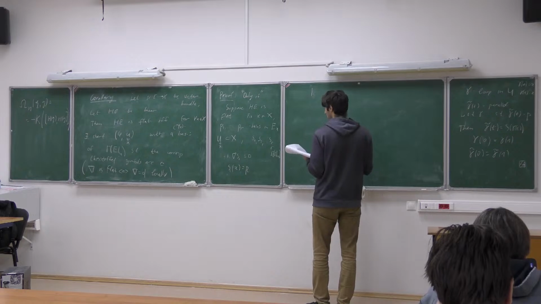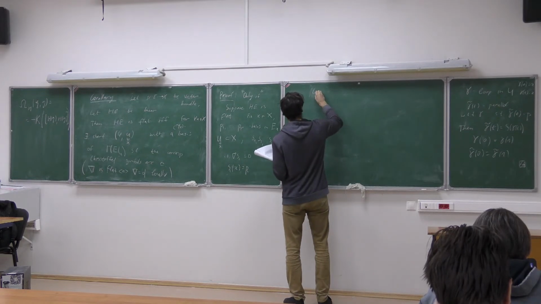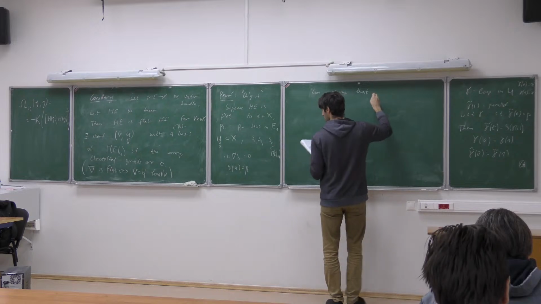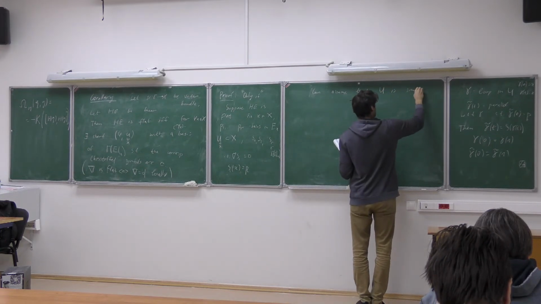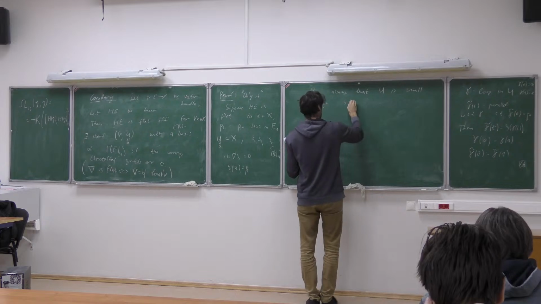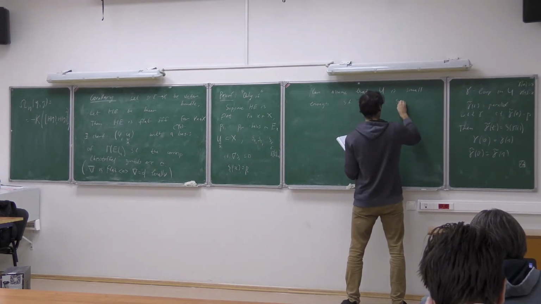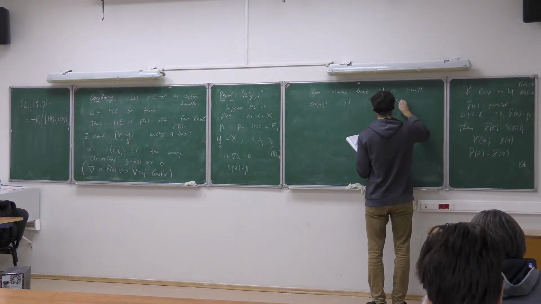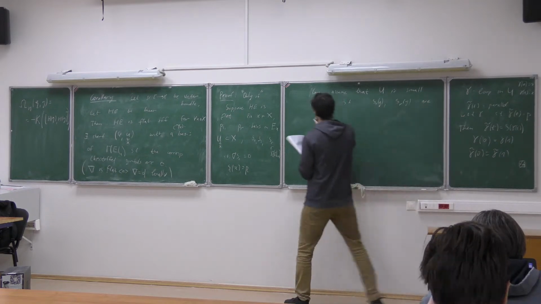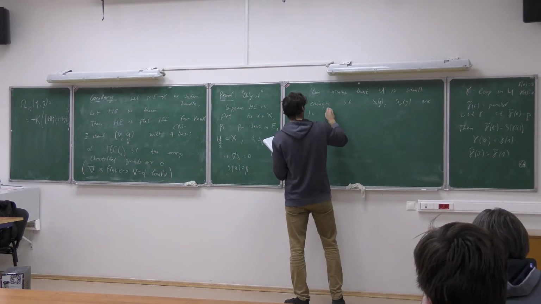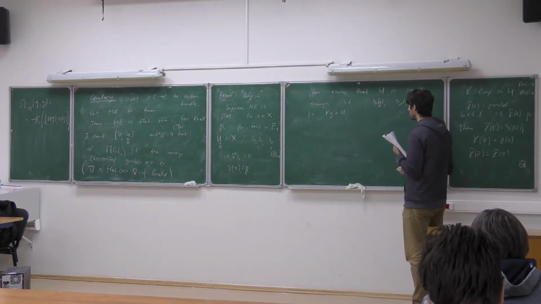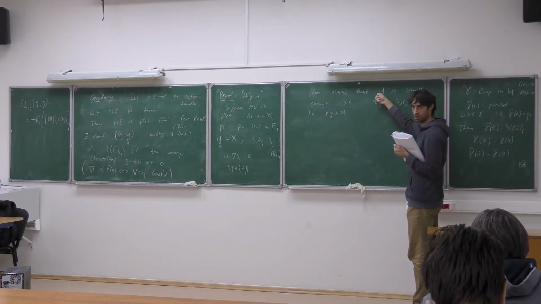So I can assume that my U is small enough such that S1 of Y through SR of Y are linearly independent for any Y from U. And also I can assume that U is small enough so that I have coordinates on U.